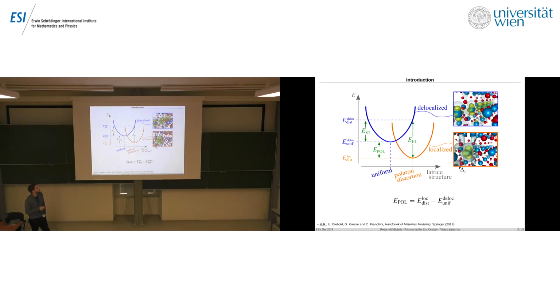These two solutions have different energies, and the difference in energy we call the polaron formation energy, which describes the convenience for the system to form a polaron if this energy is negative, or not if it is positive.